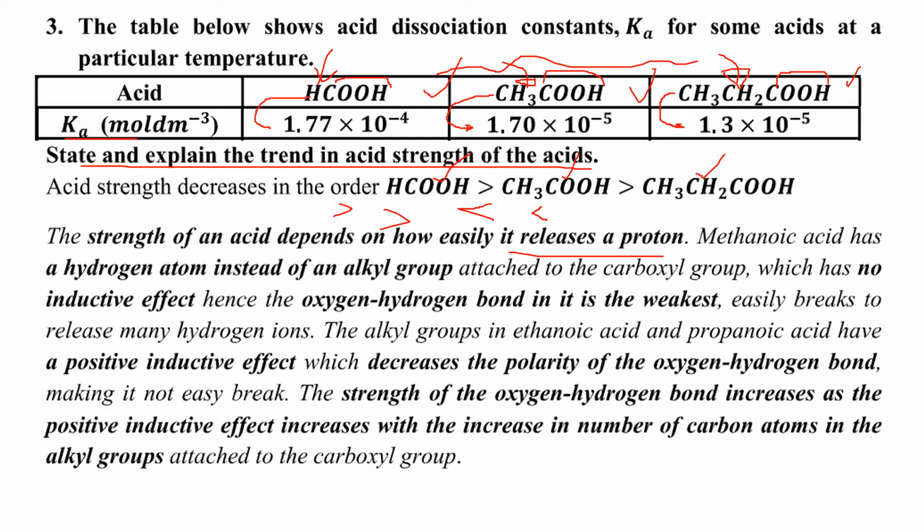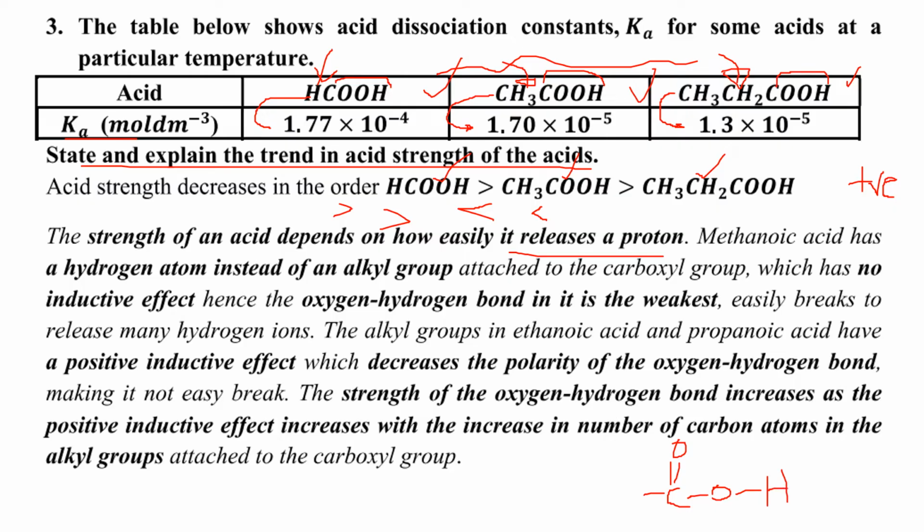Now let's first talk about positive inductive effect briefly. In the previous question, we talked about negative inductive effect, and you have seen that the negative inductive effect takes away electrons from our oxygen to hydrogen bond. Carboxylic acids have the OH group, which we explained before.